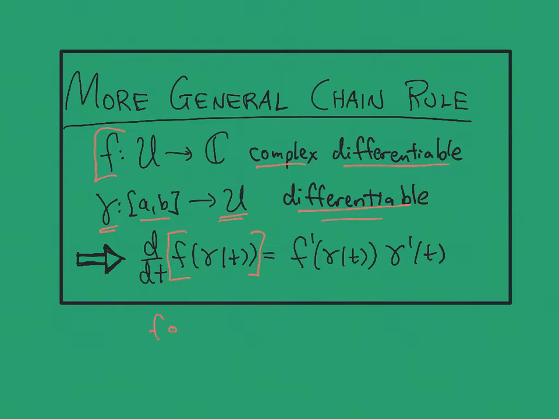This would be just the composition, and it would go from [a,b] into C, and we could view this as a vector-valued function of the real variable t. And you can show that the derivative of this with respect to t is this product. Here we should emphasize that this is the complex derivative of f, while this is a more traditional derivative.